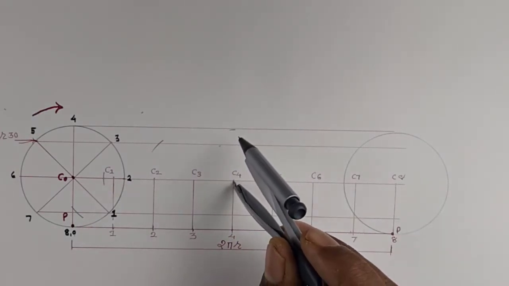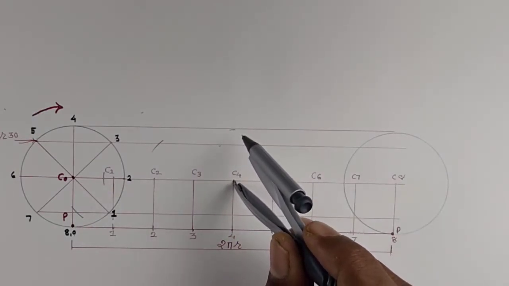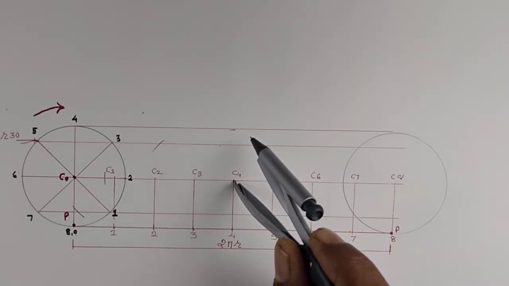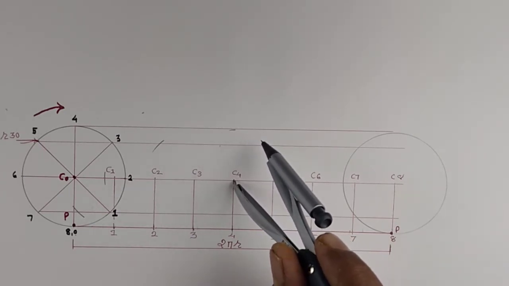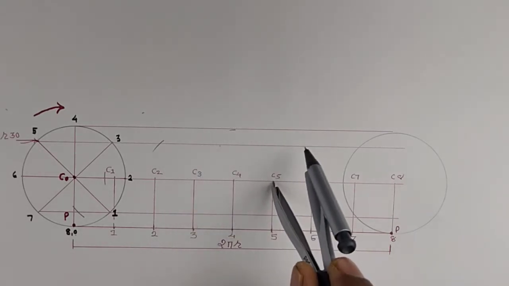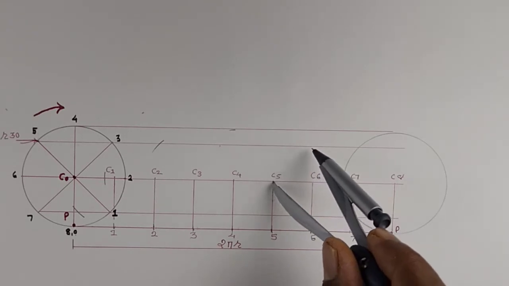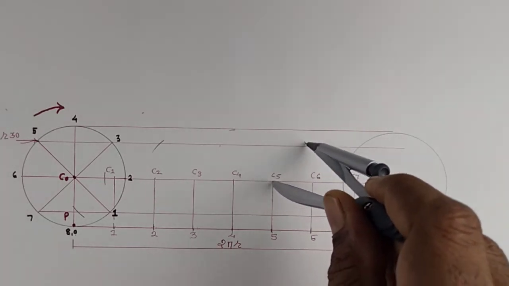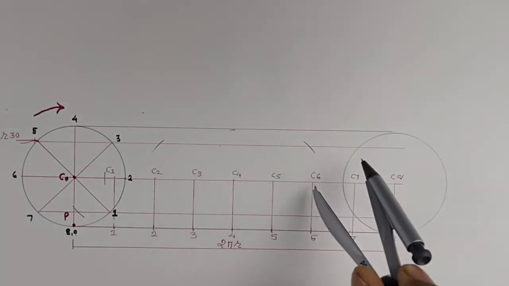Now after half of the revolution, your P point is on the right hand side of the rolling circle. So now we change the direction of the arc to the right side. C5 is the center and we draw the arc on the right side of the 5 number line.